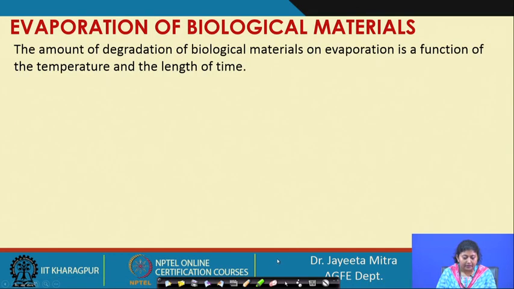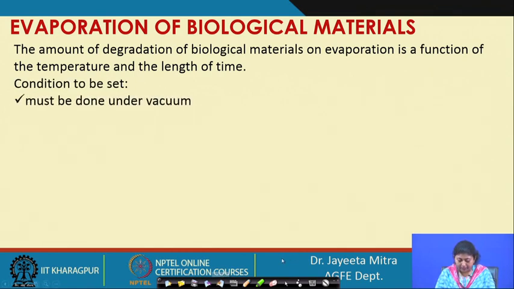So, the amount of degradation of biological material during evaporation is basically a function of temperature and length of time. So, we have to design in such a way that the heat sensitive material is not exposed to the temperature for a longer time. So, we will take the heat transfer area a smaller one.